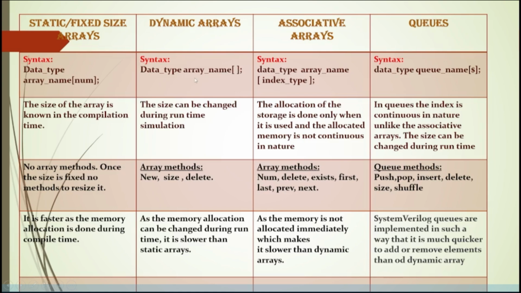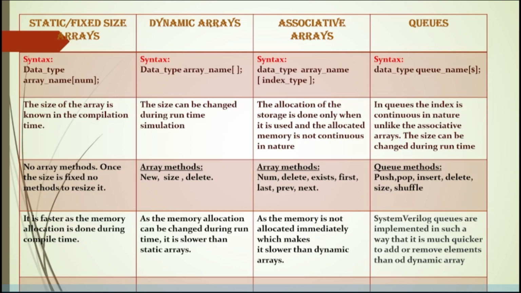Now coming to the difference between dynamic array and associative array. In both dynamic array and associative array, you don't give the size of that array at starting itself, but the main difference is that a dynamic array can hold only small sizes of arrays.